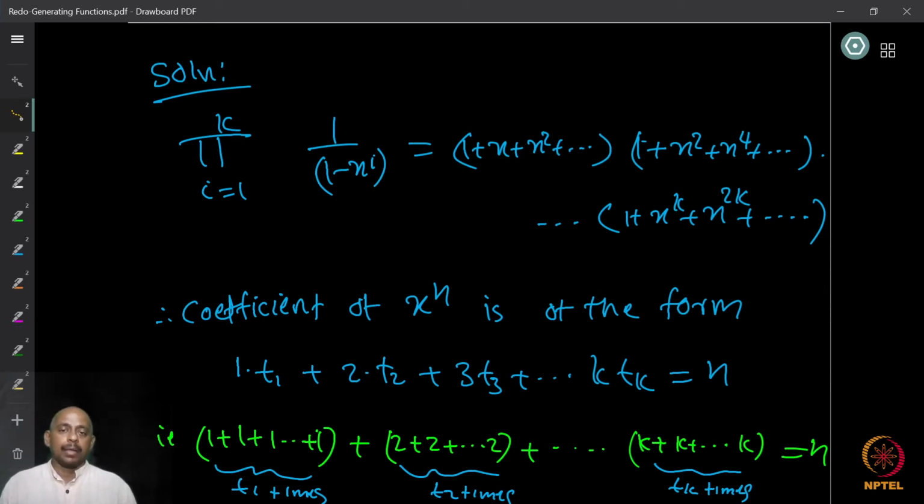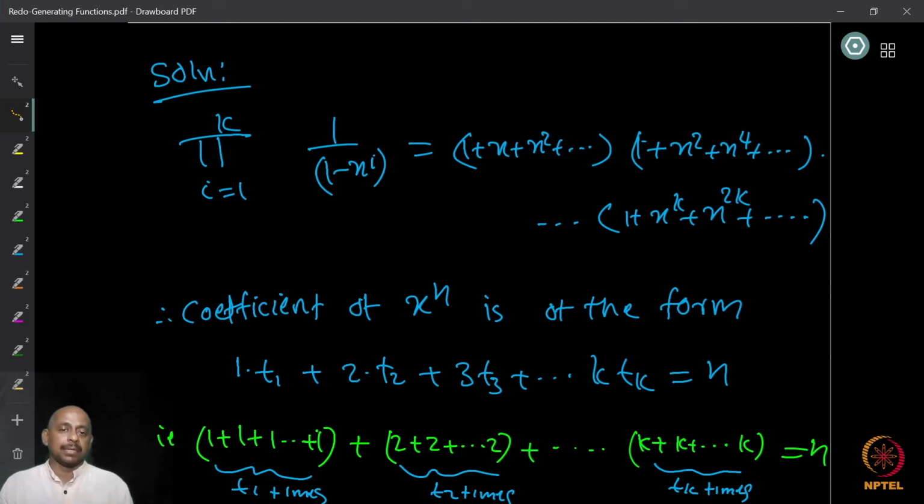Now, what is the coefficient of x raised to n? If you look at this product, the coefficient of x raised to n is of the following form. From the first series, you will get, let's say, some t1 times 1.